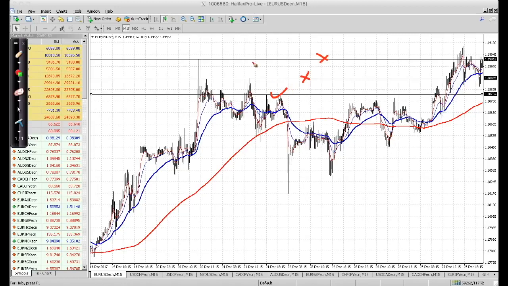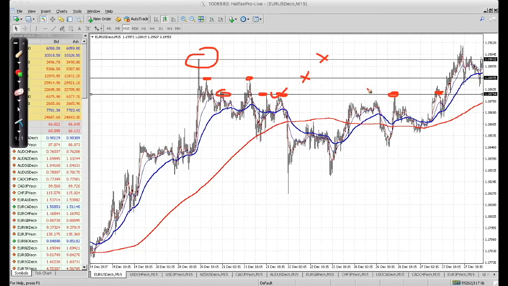If I draw it here, it only touches once. If I draw it here, it only touches twice. But when I draw it here, notice it touches once, twice, 3 times, 4 times, 5 times. So it's a more reliable level, right?